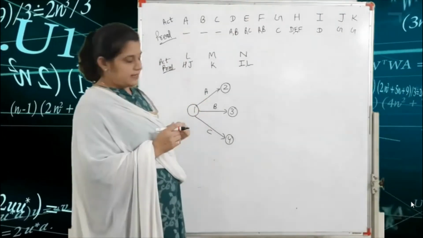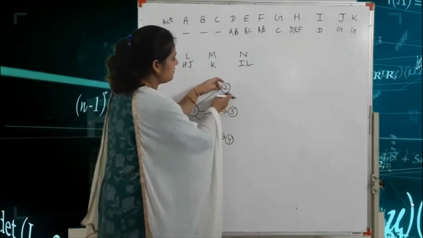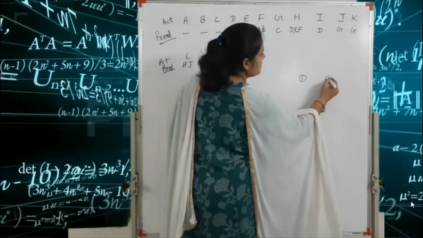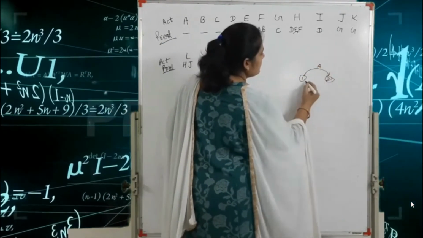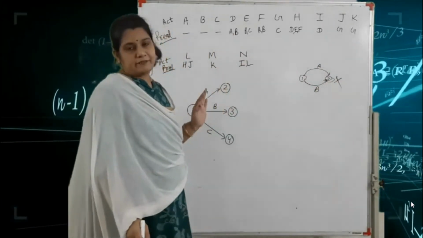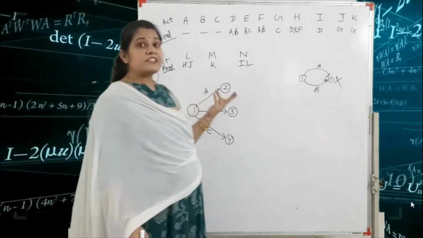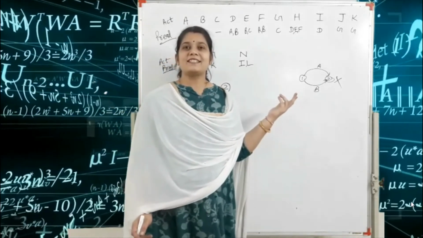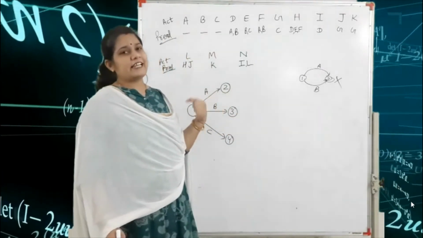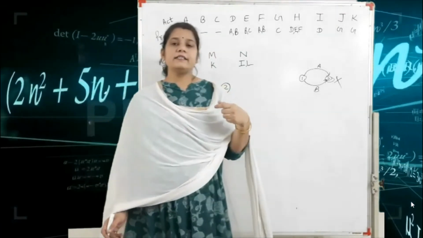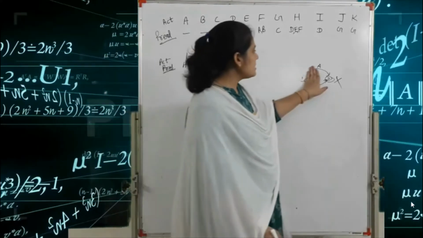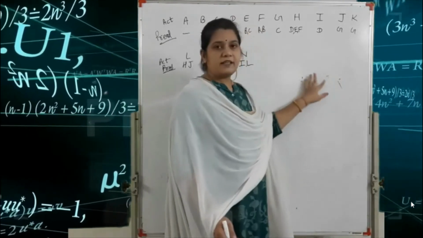In our diagram, if for example we write one node and a second node with A activity and B activity between them, this is not valid in our network diagram. This type of activity is called a parallel activity, and parallel activity is not included in our network diagram. We have already seen this in our first lecture for project management, so this is not allowed.